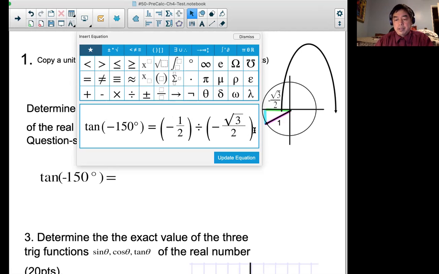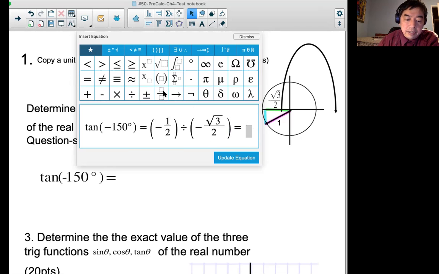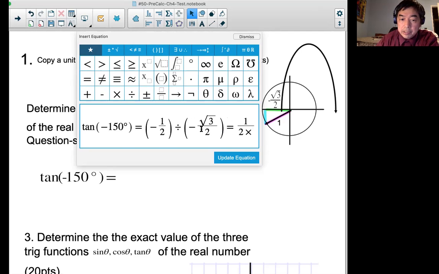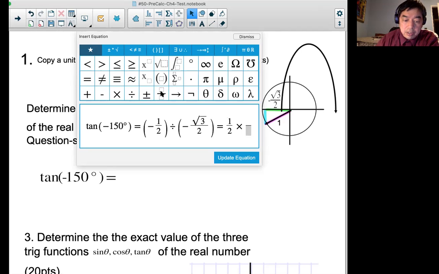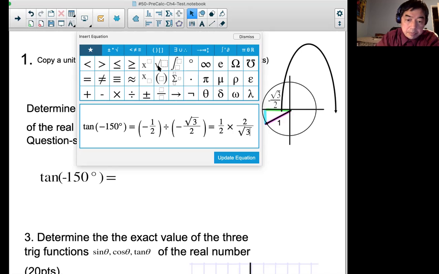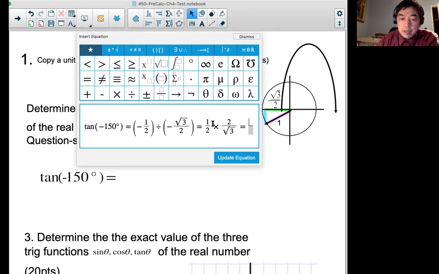Now negative divided by negative is positive, so let's cancel the signs. Now I put half times the reciprocal, so just flip over: 2 over square root 3. The 2s cancel each other, so it's going to be positive 1 over square root 3.